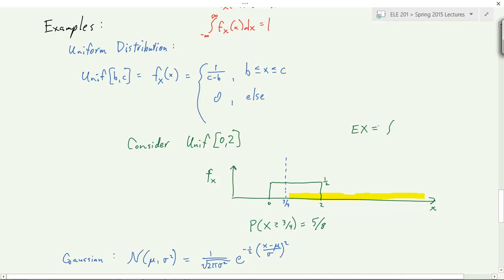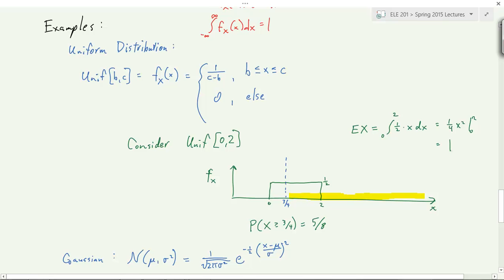But I'm going to go ahead and say that's just equal to the integral from 0 to 2, because it's 0 everywhere else, of 1/2. And that's the density times x dx. So then that's just going to equal 1/4 x squared, evaluated from 0 to 2, which equals 1. So the mean is 1.